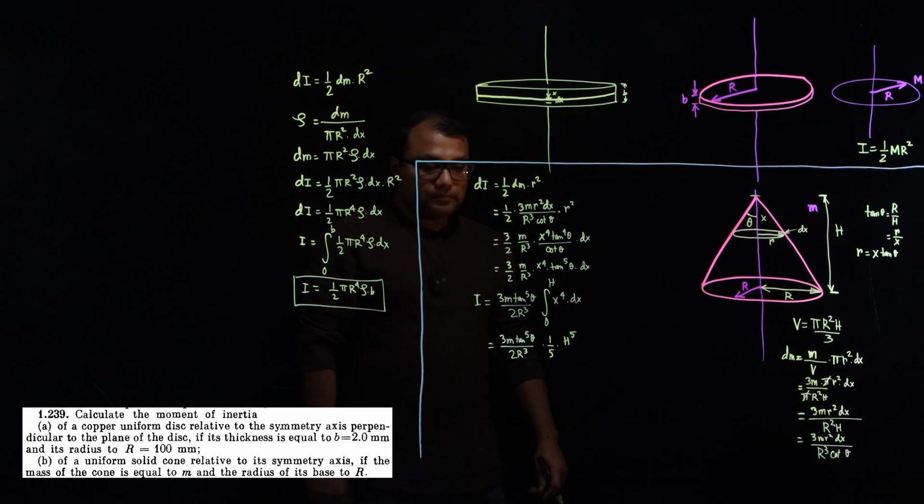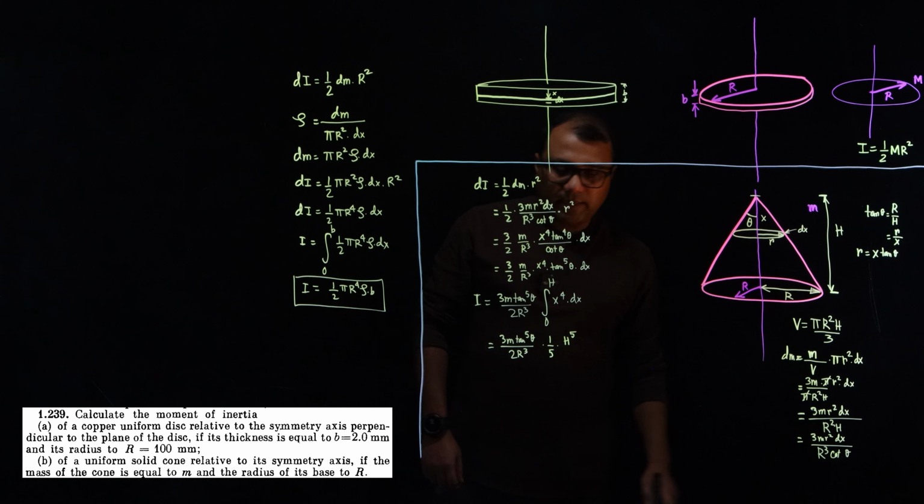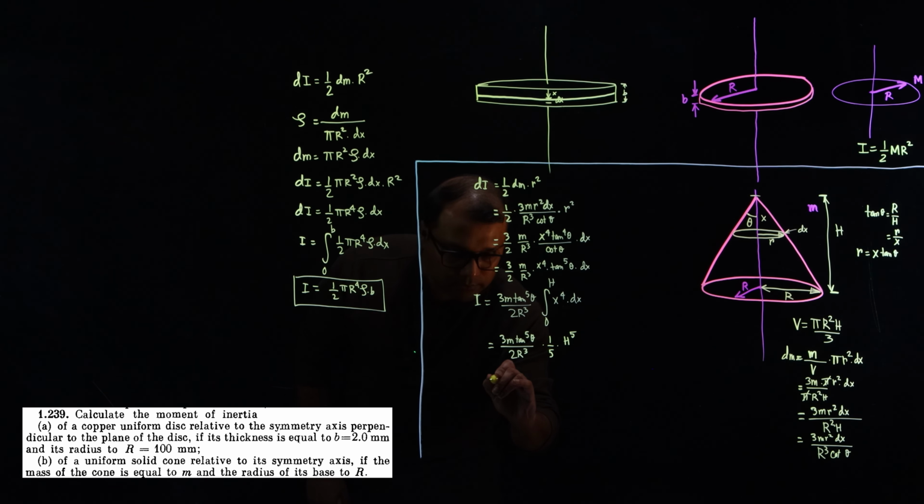Now tan theta is R by h, so we can write R to the power 5 by h to the power 5. This is 1 by 5 h to the power 5. This and this get cancelled.